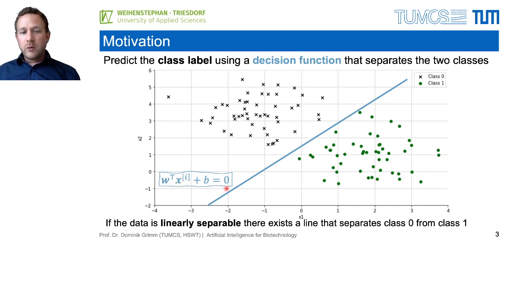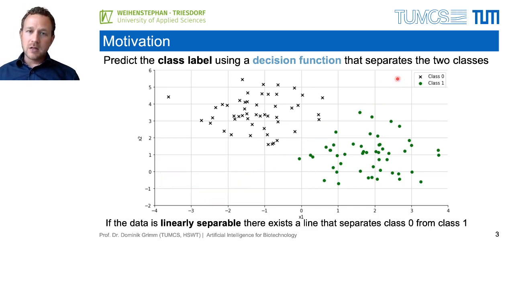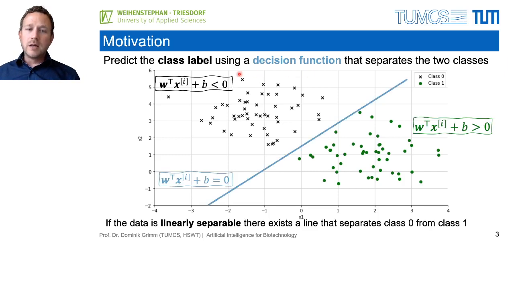If this is equal to 0, then we know that we are exactly on the line. If the value is less than 0, then we are in this space here, and we classify data points that belong to class 0, and if the function has values greater than 0, then we are in class 1. So we can use this decision function to do classification.